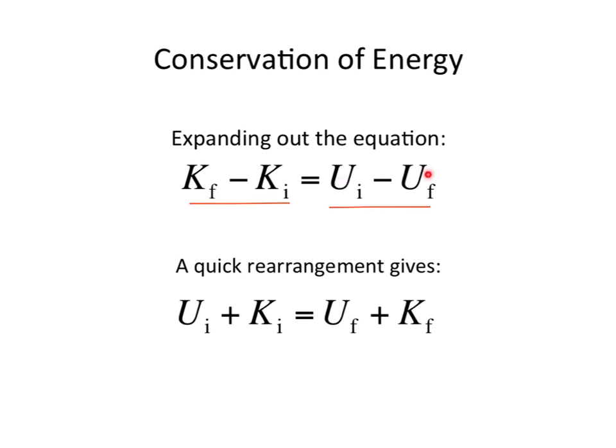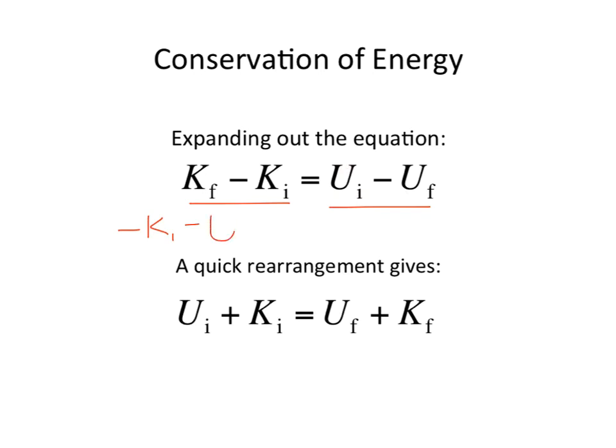If we take all the initials and put them all to one side, the initial potential energy comes over here, and the final kinetic energy gets put over here. So if we move the initial potential energy over, we're subtracting it, right?